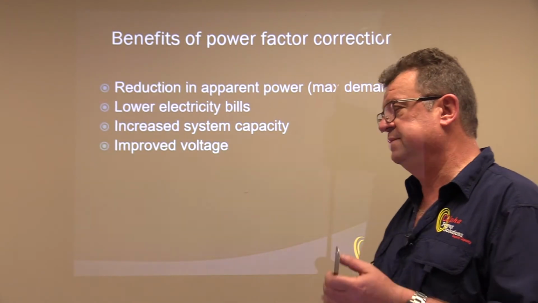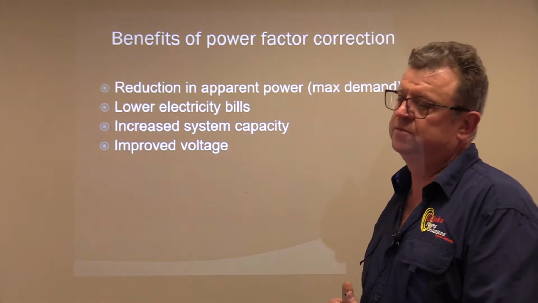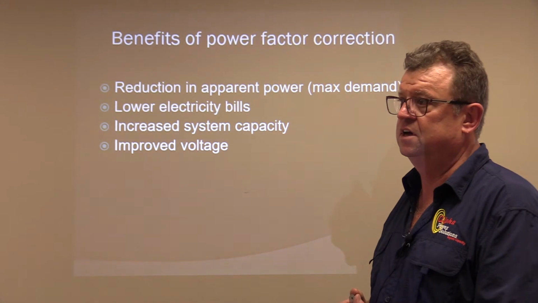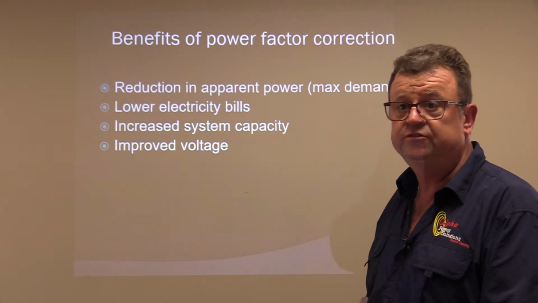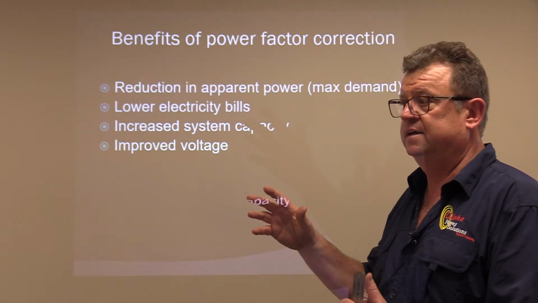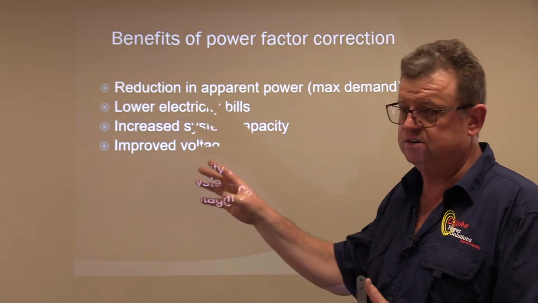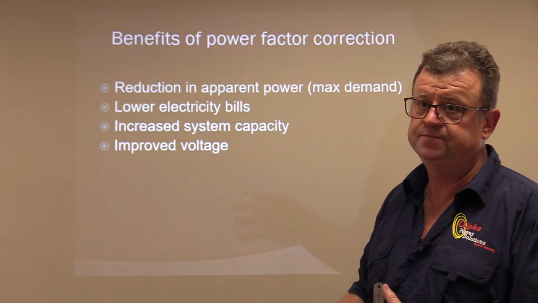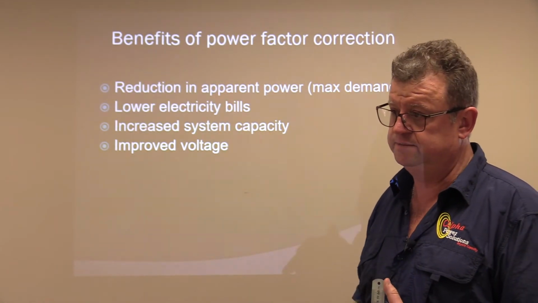Obviously, voltage can improve as well. If a transformer is heavily loaded, obviously you will have heat losses in the cables, in the transformer. So by unloading, by putting a power factor correction panel, there's less load coming through the transformer and through the supply cables. So all those losses are eliminated.